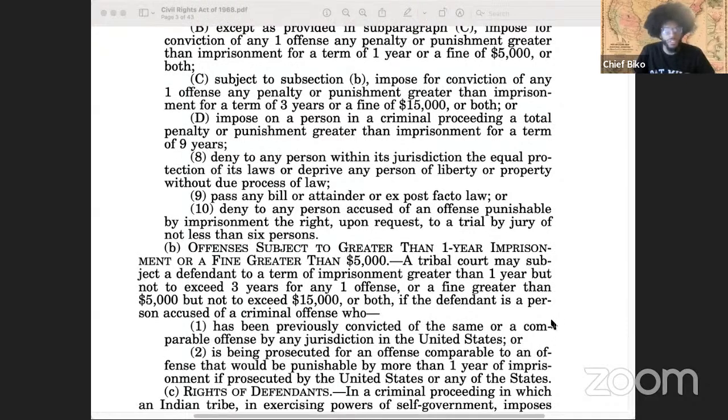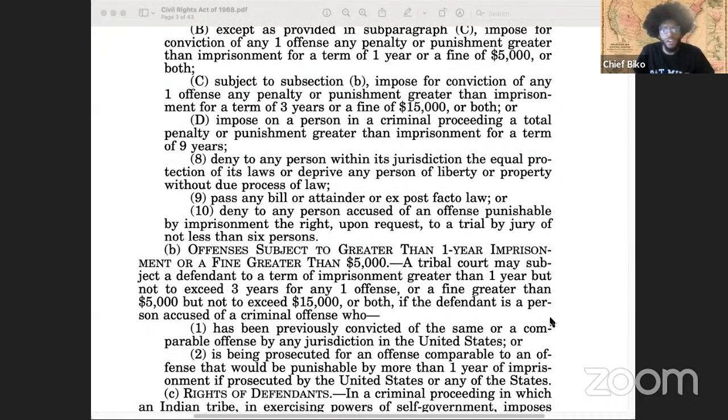So again, just highlighting how they are not able to have sovereignty, not really able to be self-governed, because they can't go against any of these things already established. In the case of this last section, any offenses that have already been tried under the United States government, they can't do double jeopardy and try them under their own tribal court system.